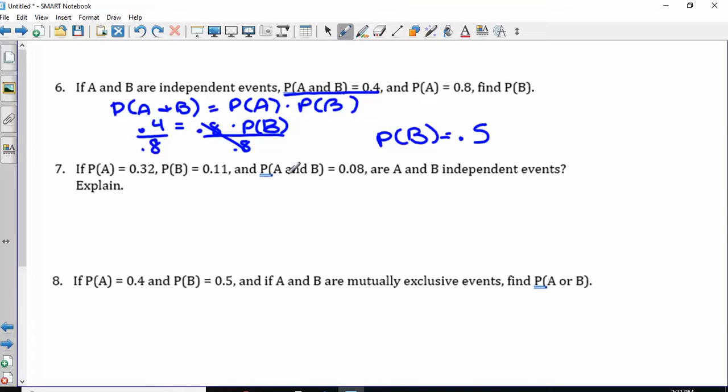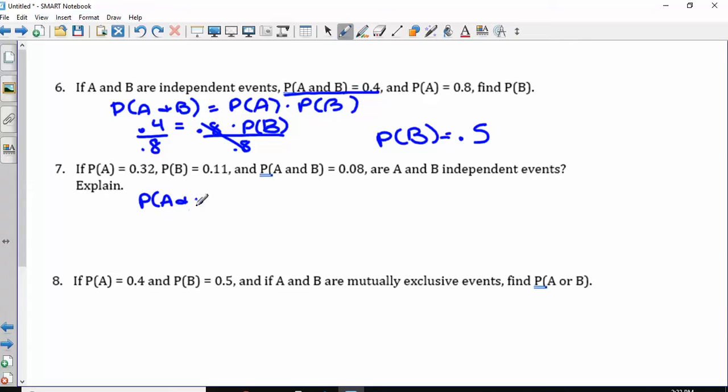Okay. I want to know on number 7 if these are independent. And I didn't give you a whole lot to go on. But if they're independent, if you're looking at the formula sheet, what we just used was the multiplication rule for independent events.